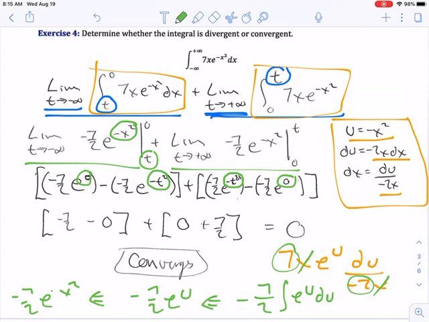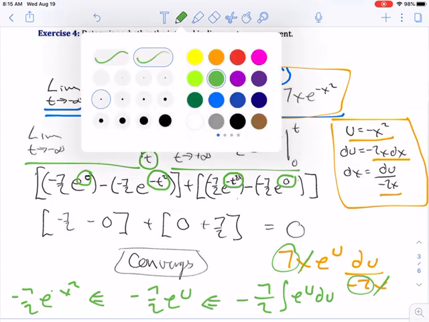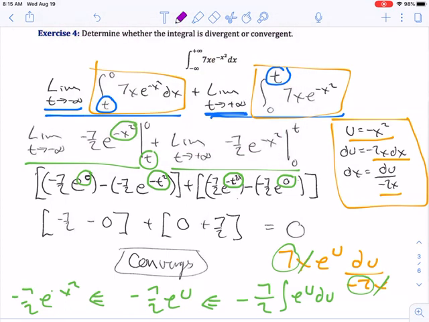So let's go through and figure out what each of these is equal to. All right, so e to the 0 is 1. Anything to the 0 is 1, so negative 7 halves times e to the 0 is just negative 7 halves. And that's going to be the same thing over here. Negative 7 halves times e to the 0 is negative 7 halves, and we have a minus negative 7 halves, so that becomes plus 7 halves.